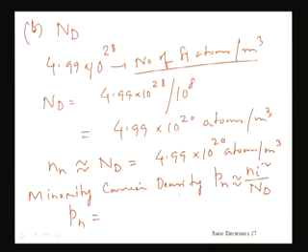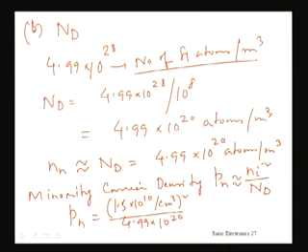So, now I will be finding out this hole carrier density, that is minority carrier density. So, that is 1.5 into 10 to the power 10 per cm cube is given, divided by 4.99 into 10 to the power 20.